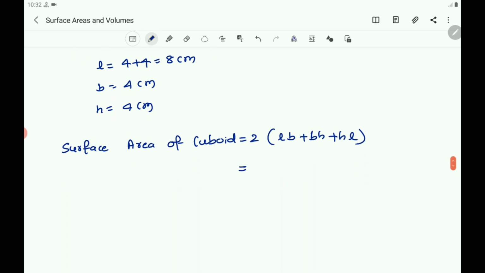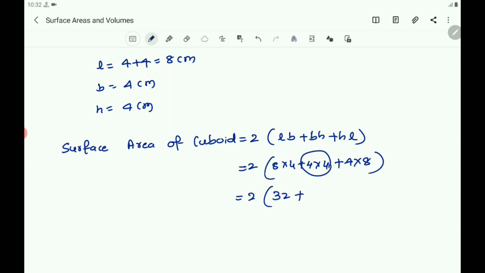Then you write that equals 2 into L is 8, 8 into 4, plus BH, B is 4, H is also 4, 4 into 4, plus H into L, H is 4, L is 8. Then it becomes 2 into 8 fours are 32, plus 4 fours are 16, plus 8 fours are 32.